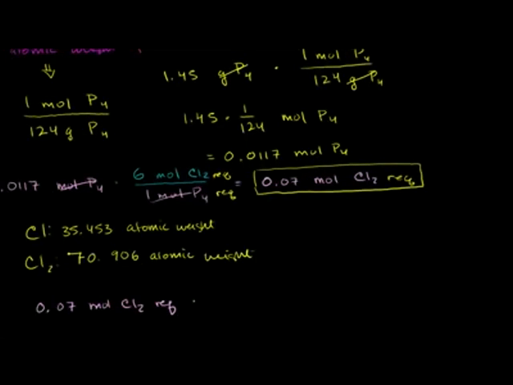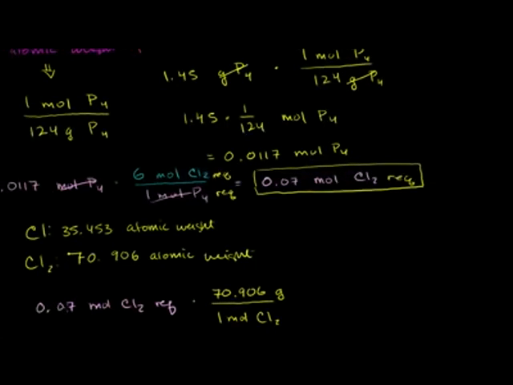So 1 mole of chlorine gas. For every mole, how much is that? What's the mass going to be? Well, if the atomic weight of chlorine gas is 70.906, that means 1 mole of it is going to have a mass of 70.906 grams. So for every mole, we have 70.906 grams.